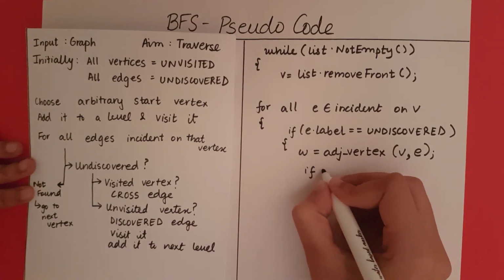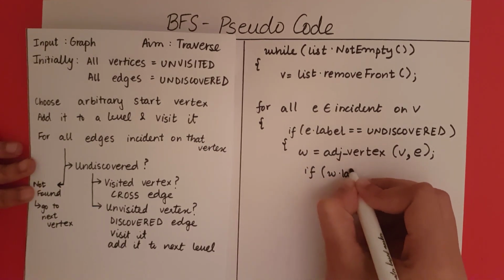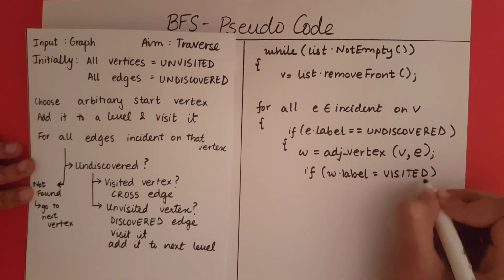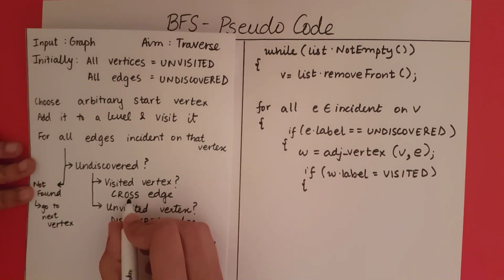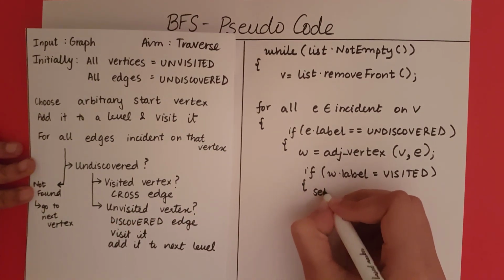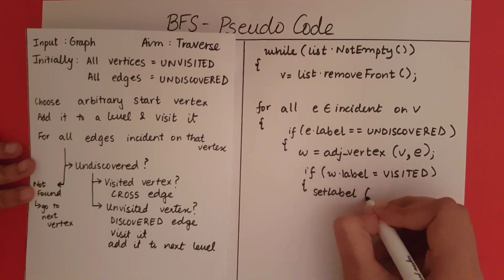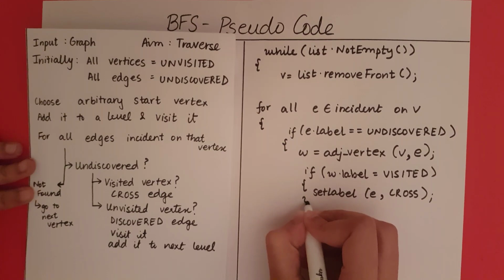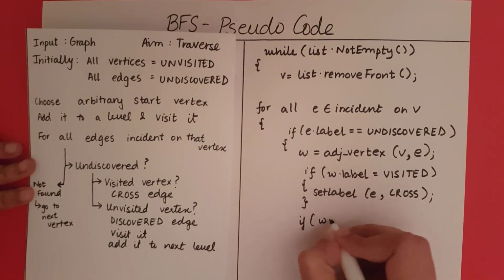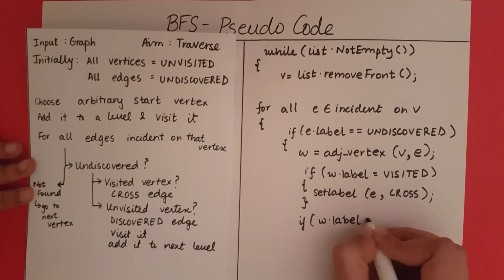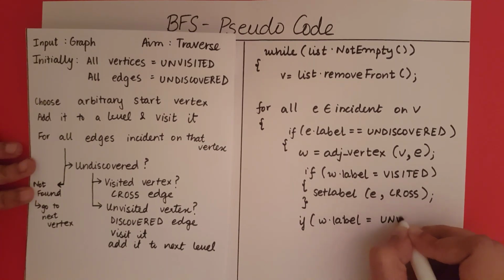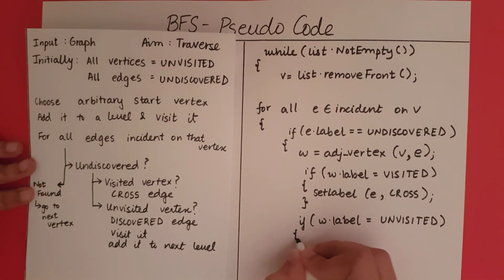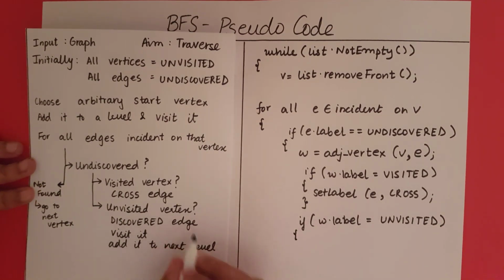Now if W is a visited node, then we mark that edge as a cross edge. If W is an unvisited node, then we set the edge to a discovered edge.